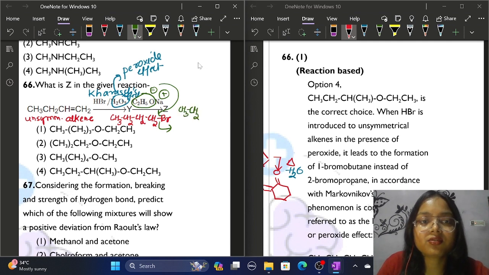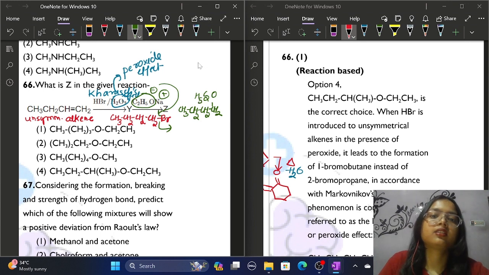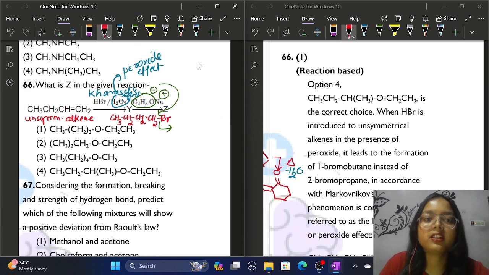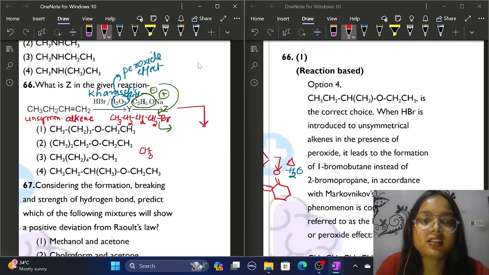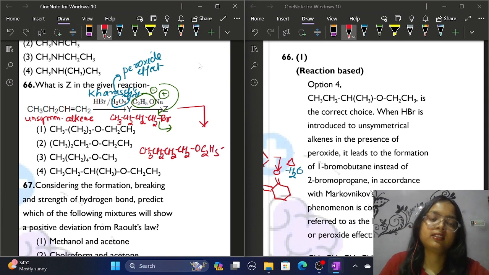CH3CH2CH2CH2OC2H5. If you are not understanding this way, I have written the molecule in the upward direction: CH3, CH2, CH2, CH2, then O, then C2H5. This is the product we are getting.